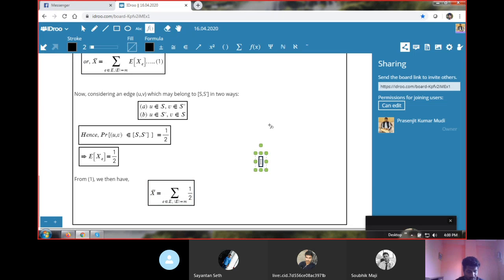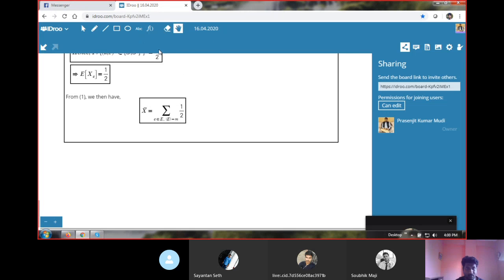Okay, so it's a summation on a constant value. So in the next line, half comes out of the summation, so 1 plus 1 plus dot dot dot up to m number of terms, that is m, so m by 2. So expectation of this is equal to m by 2.